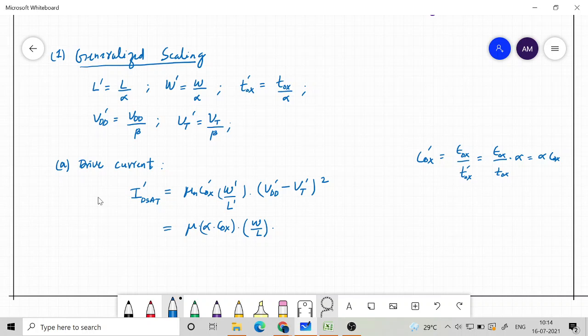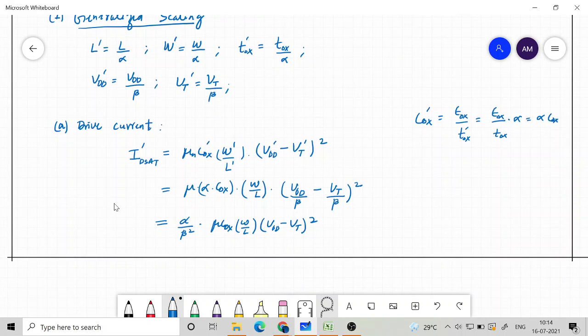And then next is VDD dash minus VT dash, that will be VDD by beta minus VT by beta, the whole square. Ultimately, if you collect the beta outside, it will become beta square, and there is an alpha here, so alpha by beta square into the rest of the terms, mu Cox W by L and VDD minus VT whole square, which is basically the earlier current.